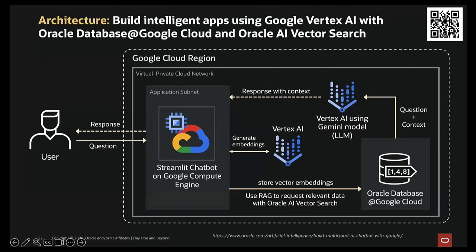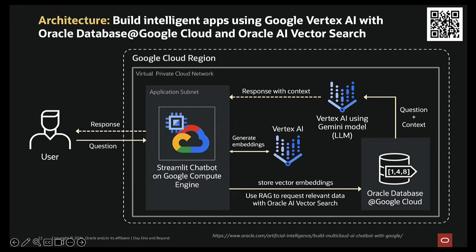And now the Gemini model has both the user's question and the specific relevant context it needs to generate an accurate, informed response. And finally, that enriched response flows back through the chatbot or your AI assistant to the user, delivering an answer that's not just AI generated but grounded in your actual data and context.